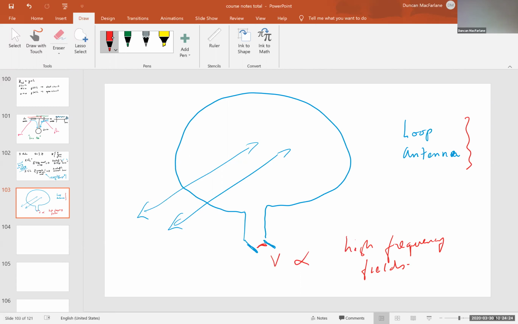There's an additional term to Kirchhoff's voltage law that can be exploited and used in circuits, in electrical engineering.